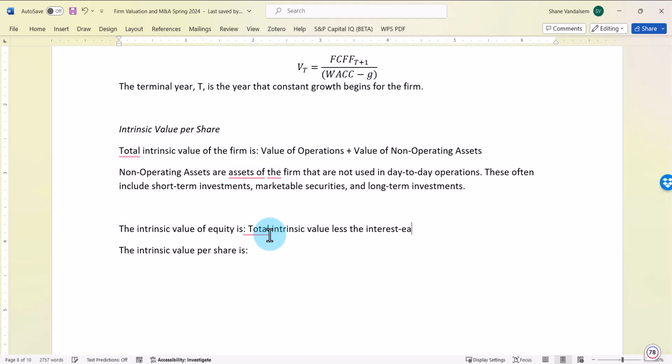So these are the liabilities that are to investors. And these represent prior claims to the value of the firm before the stockholders receive their value. The intrinsic value per share is the intrinsic value of equity divided by the number of shares outstanding.